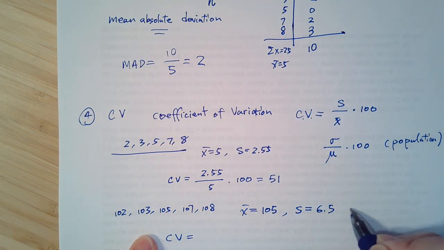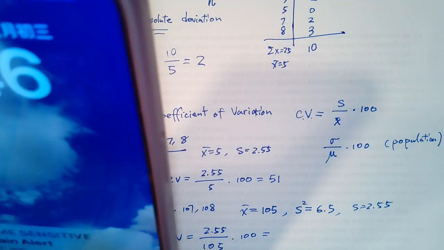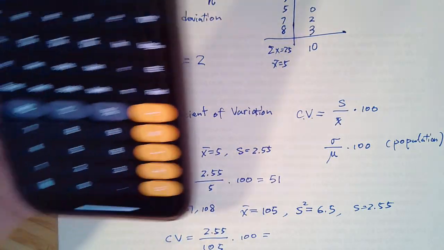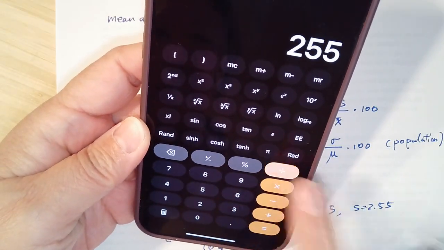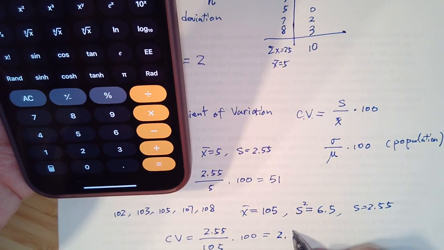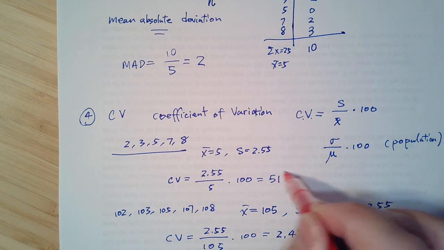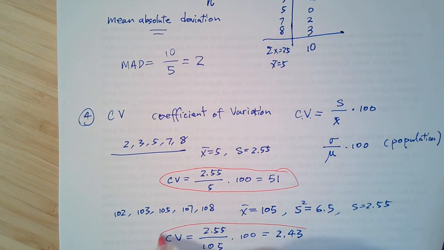This is S squared, and S is 2.55. You get the same standard deviation. So the CV will be 2.55 over, not 5 now, but 105, times 100. I use my calculator to get it quick: 255 divided by 105, so I get 2.43. Now, this is a big difference.